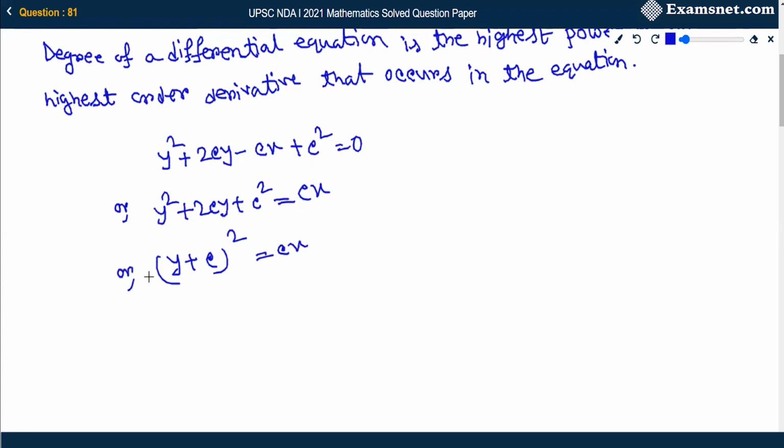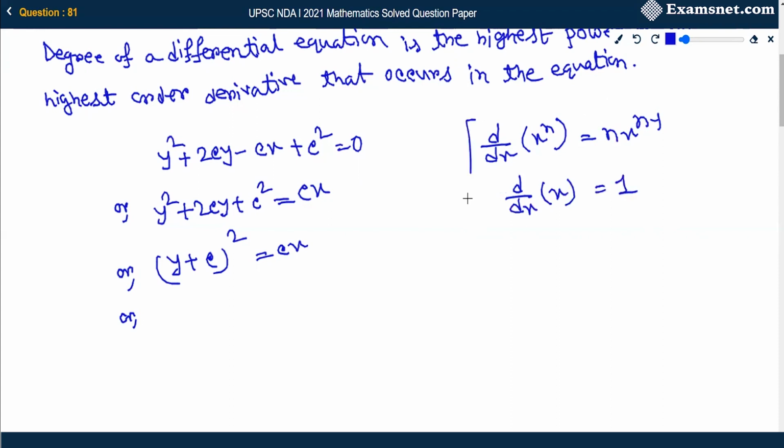Now we are going to differentiate this expression with respect to x, both the sides, right? So in order to do so, first this expression we will treat it as a polynomial. So let me tell you, the formula of finding derivative of x to the power n is n x to the power n minus 1, and if we differentiate x with respect to x, we will get 1.